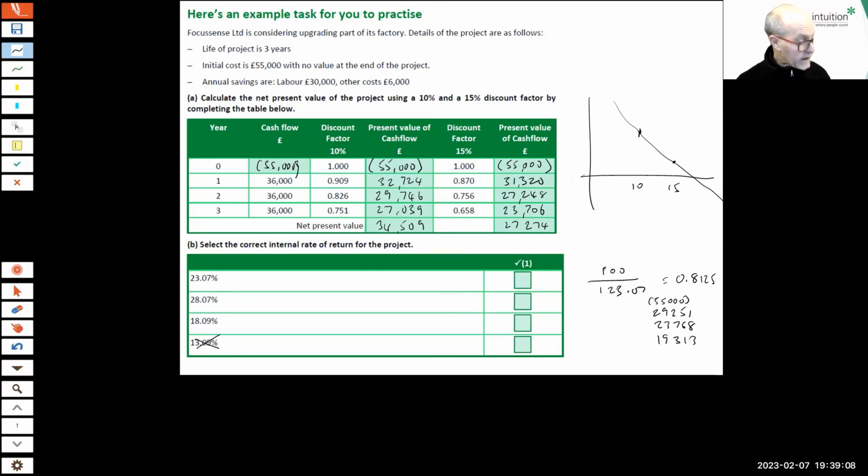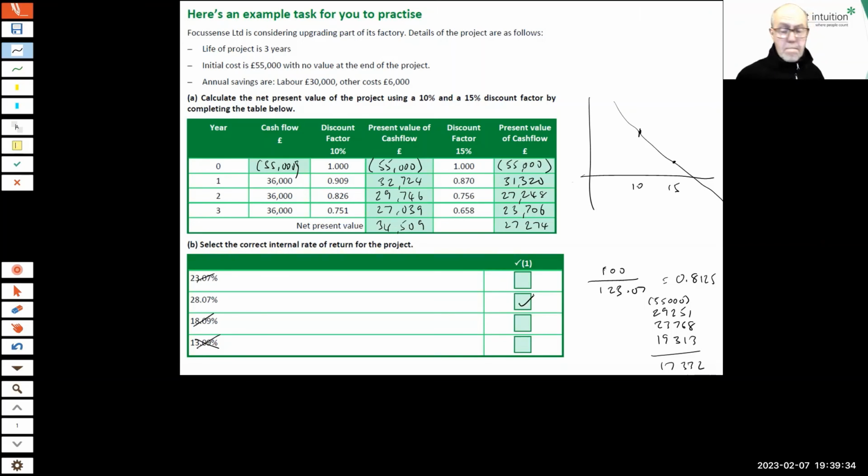Really must write more neatly. 768, 251. Whoa. So it is higher still than 23.07. We can automatically rule that out. So it has to be that one.